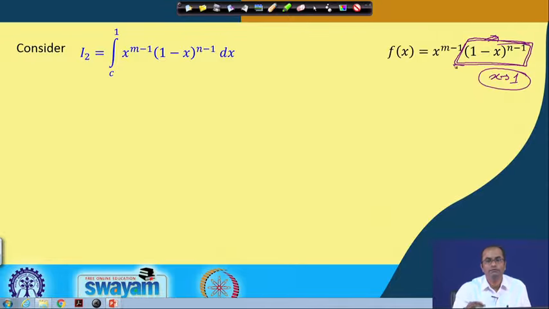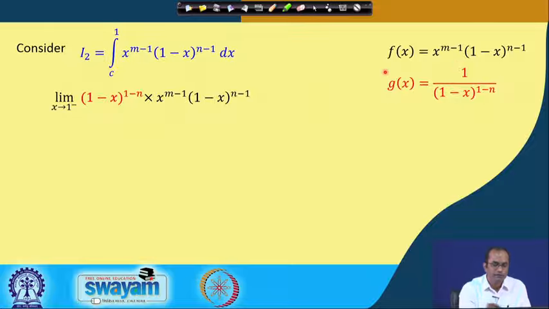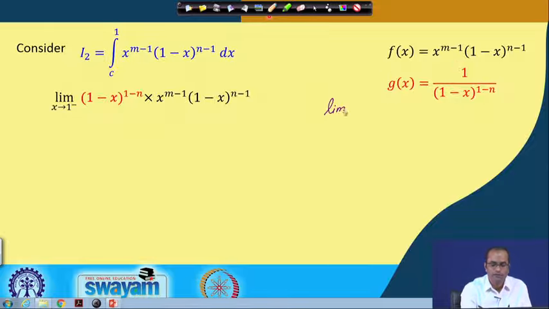So, this is the term in this function. Accordingly, we will choose again our g x. Our g x will be 1 over 1 minus x power n minus 1. Having this g, we will compute the limit again as before: the limit as x approaches 1 of f x over g x.